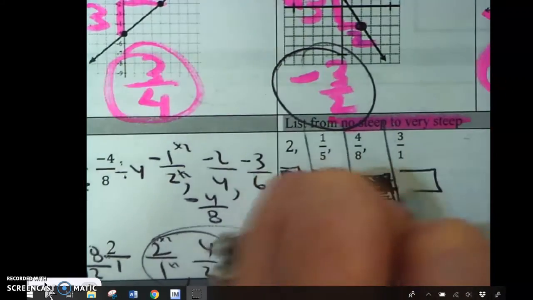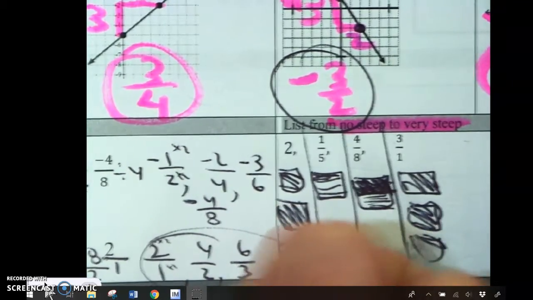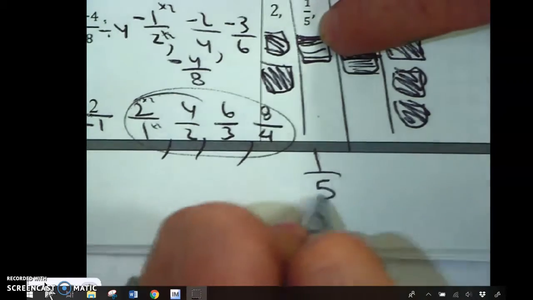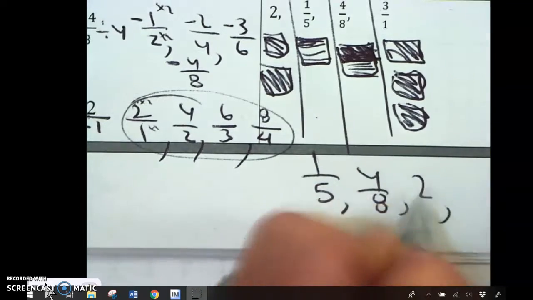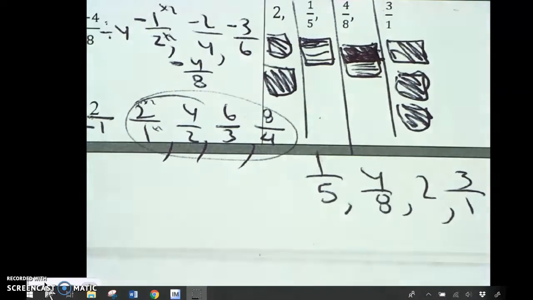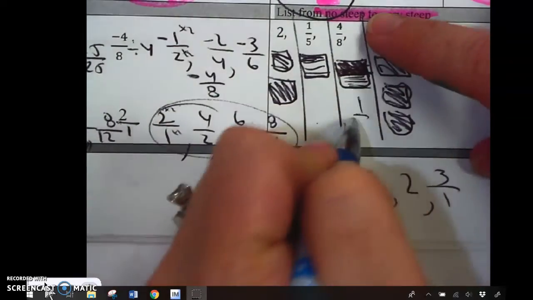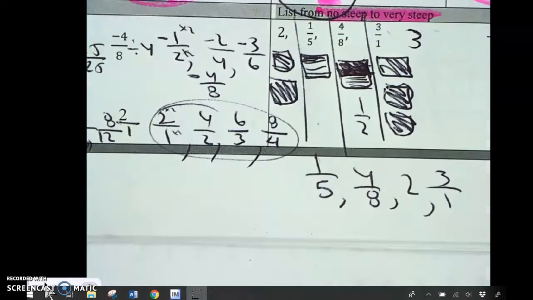And then 3 over 1. So this is the smallest, then 4/8, then 2, then 3/1. I don't know if you noticed, but 4/8 is really 1/2, and 3/1 is just 3.